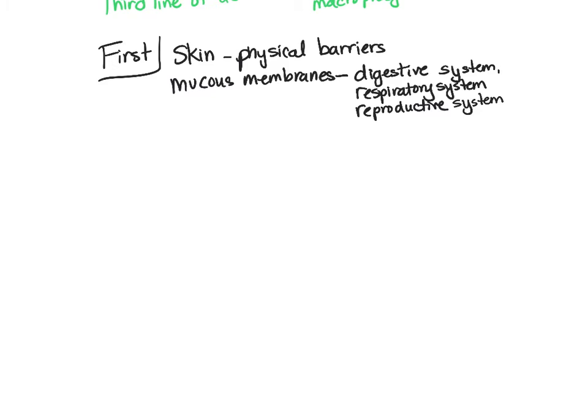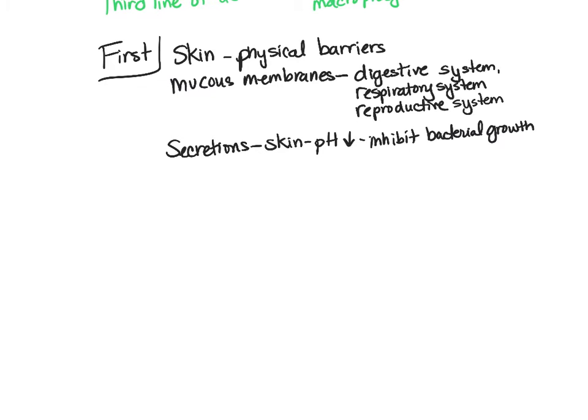And then remember, part of the first line of defense are also the secretions of these mucous membranes. So for example, our skin itself, right, has secretions, so the pH of the skin is low, it's acidic, and so that's meant to inhibit bacterial growth.